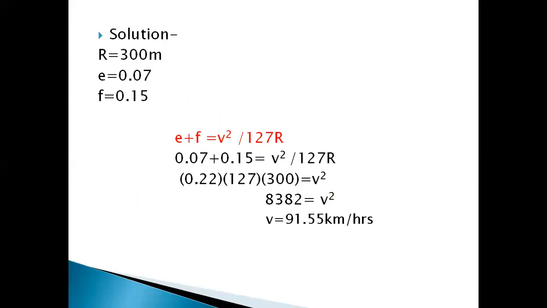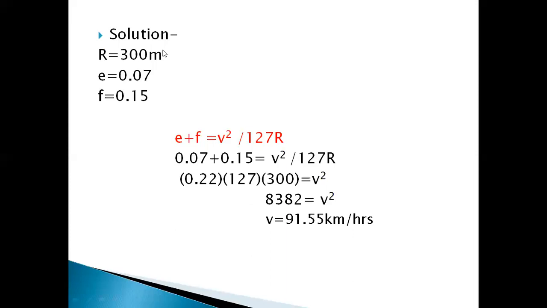Now the formula for calculating the safe speed of the vehicle is E plus F equal to V square divided by 127 R. That is, super elevation plus friction factor is equal to the square of speed divided by 127 into the radius of curve.